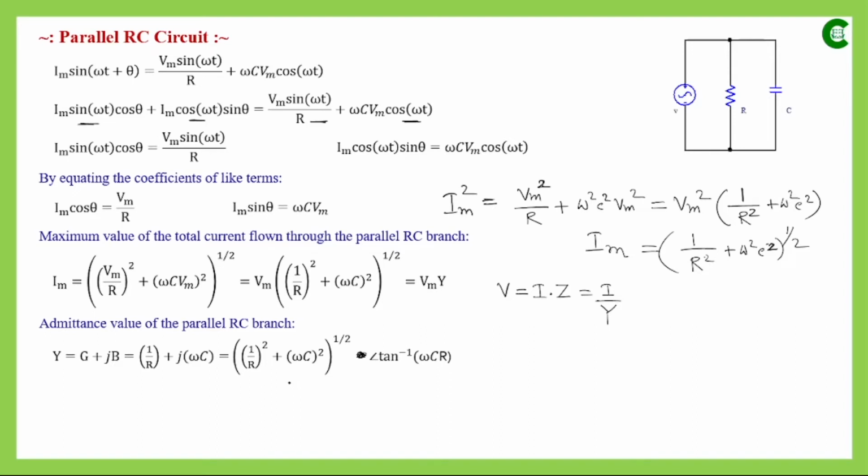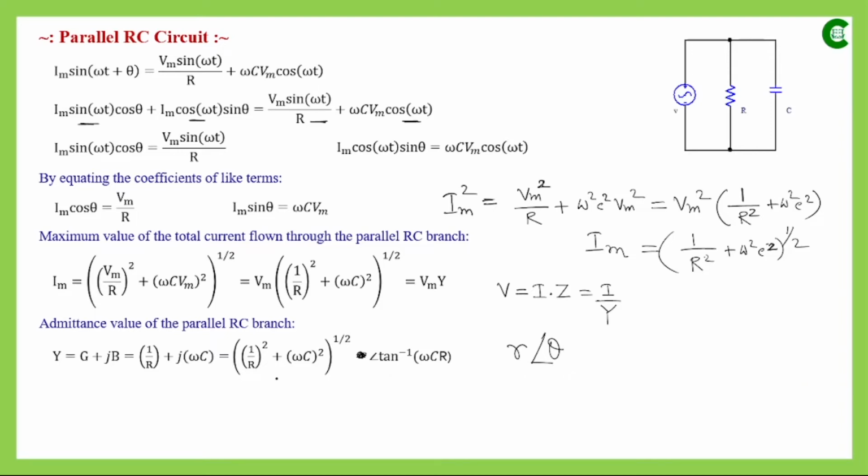So the magnitude will be the square root of (1 by R) squared plus (omega C) squared. And angle-wise, it will be tan inverse of omega C R. We know the polar format is R and then angle theta, where R is the radius of the circle that the point forms when it moves angularly, and theta is the angle which that particular point makes with the positive real axis.